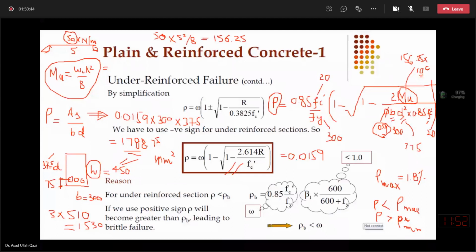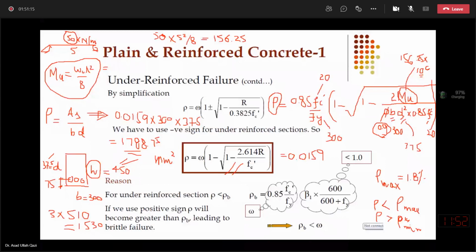As I increase the load, so does my demand of steel. If you are designing against 45 or 46 or 40 kilonewton per meter, you probably will get the area exactly equal to what we analyzed as the capacity of a beam of 5 meter span, where we got the ultimate load of that beam.